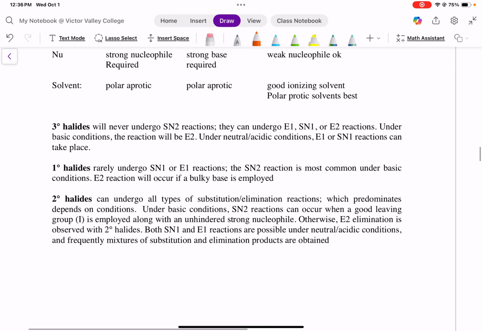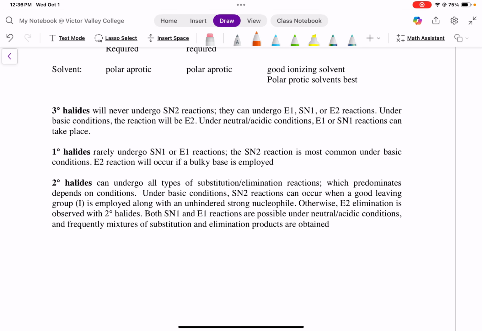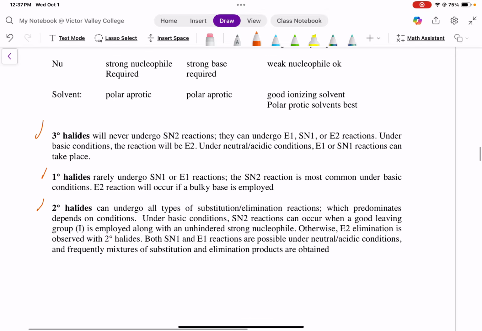It's a good summary for when you have a tertiary, a primary, and a secondary. What are the possibilities, and that's very helpful to determine which mechanism. Sometimes it doesn't matter what mechanism, you end up with the same product anyway. But of course, it's good to know the steps, what happened to them.